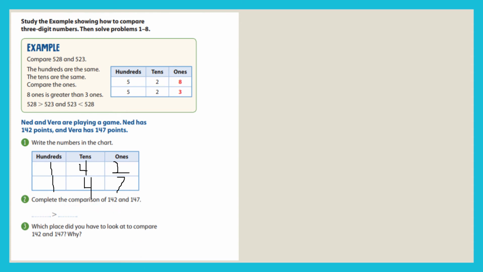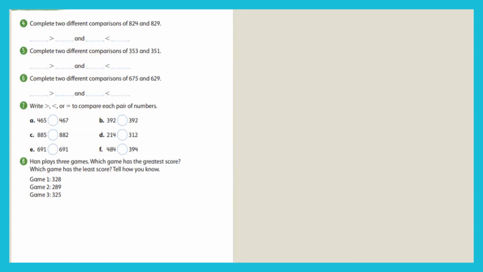The arrow is open to the larger number, so I have to say 147 is greater than 142. Now, it asks you, which place did you have to look at to compare 142 and 147? You had to go to the ones.